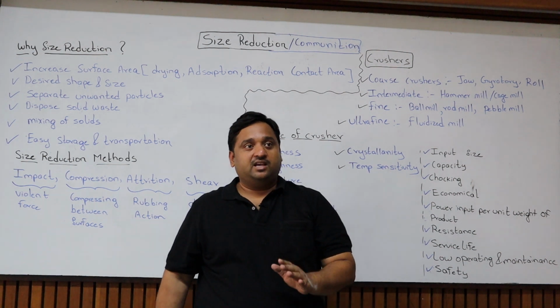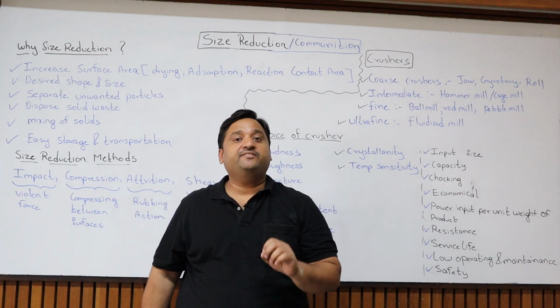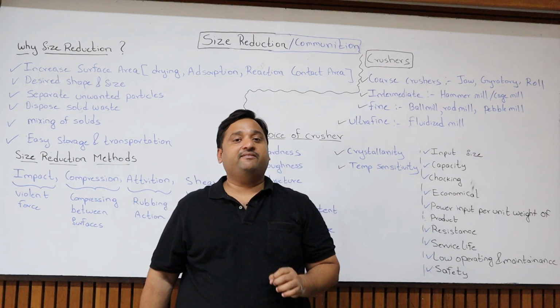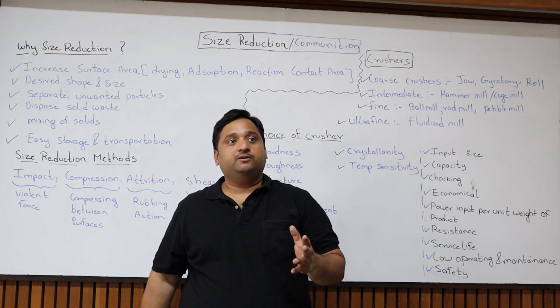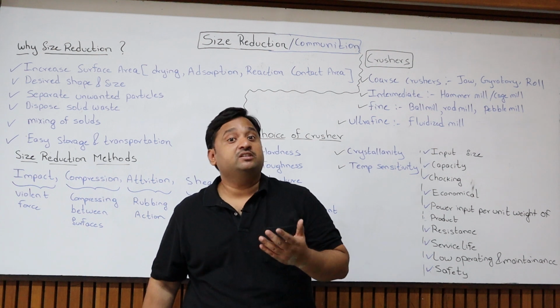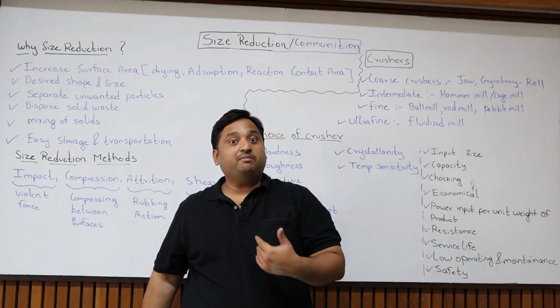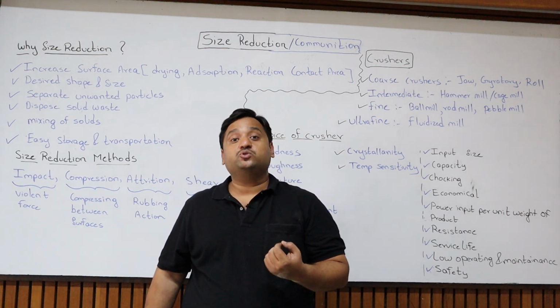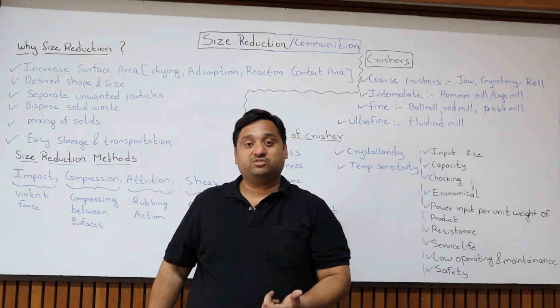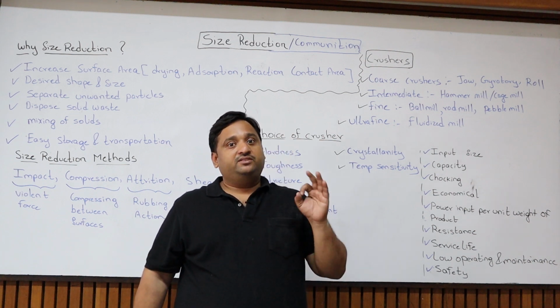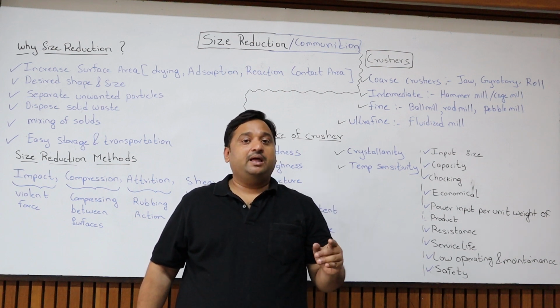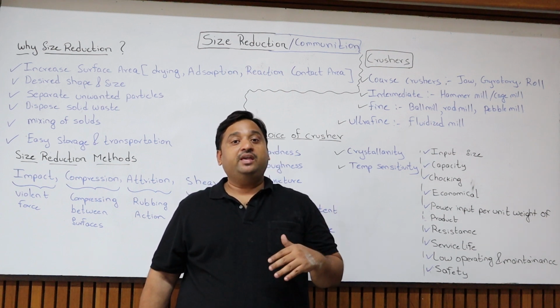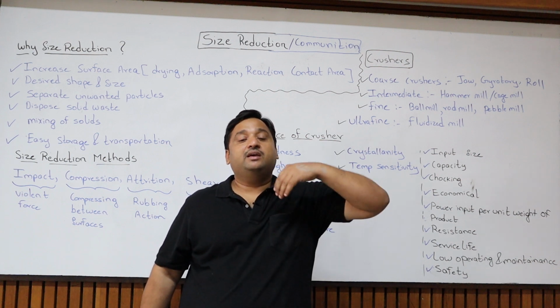Hi students, as I have shown you the different crushers and grinders available in my laboratory, I hope you have seen how the equipment actually looks. In my next video, I am going to talk about the crushing laws, because there are three different laws: Kick's, Bond's and Rittinger's. These empirical laws come from experience and experiments.